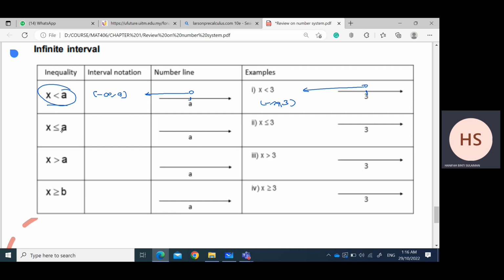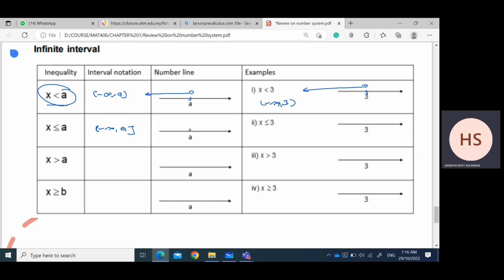Okay, so next X is less than or equal to A. So ini sama juga, cuma beza dia ada equal dekat sini. So kita boleh katakan nilai A ini termasuk dalam nilai-nilai X. So in interval notation kita akan dapat negative infinity. So untuk infinity dia mesti sentiasa open interval. Okay, so negative infinity and the maximum number of X here is A, which is A is included.